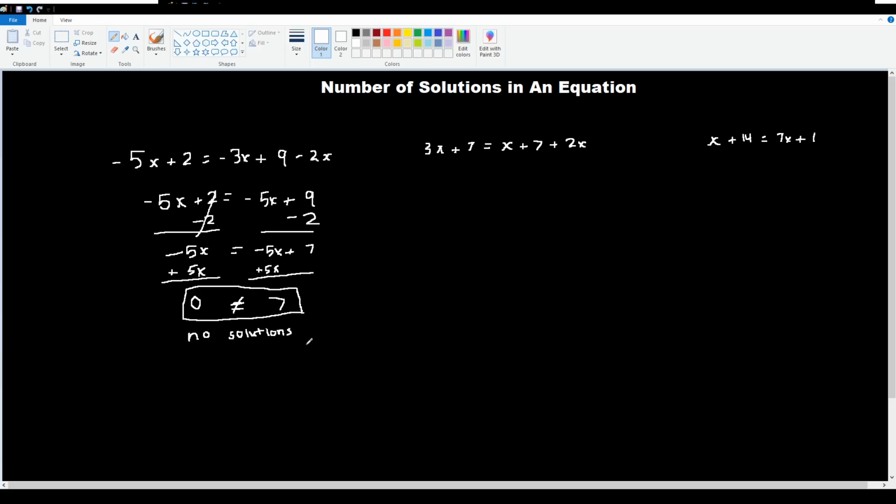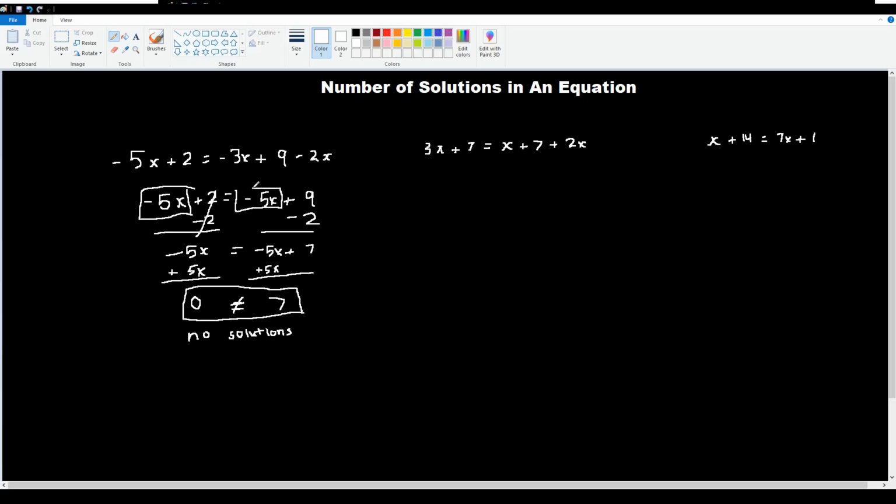There are also some patterns and shortcuts to find that there are no solutions early on. If you look back to our first step when we combined the like terms, you can already see that we have a negative 5x on both sides.